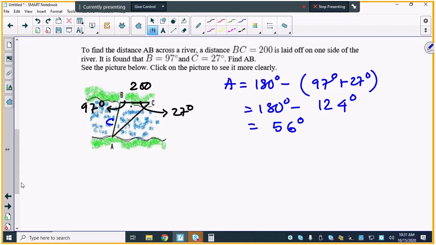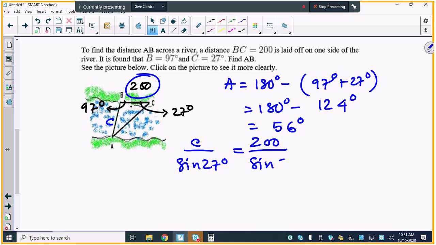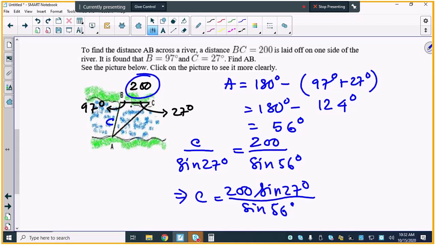And then sine rule. So I want to know the side c, so I will say side c over sine of C, which is 27 degrees, equal to, the only side you know is the side a, so that's 200 over sine of A, and we found A to be 56 degrees. Multiply sine 27 on both sides, so c is equal to 200 times sine of 27 degrees over sine of 56 degrees.